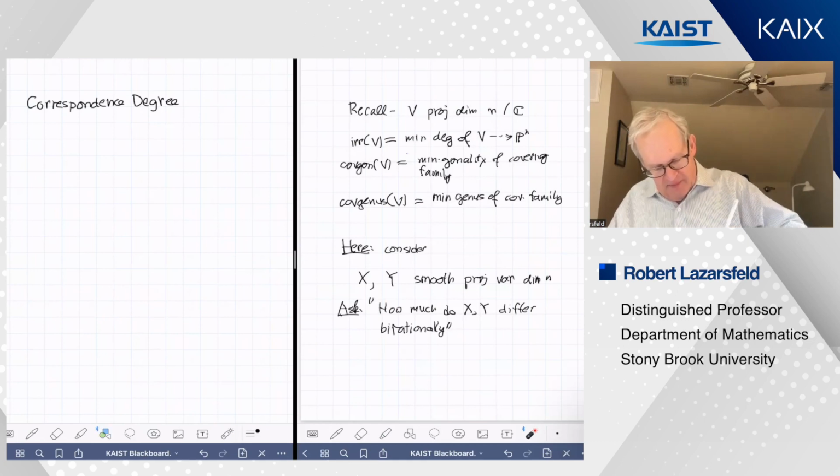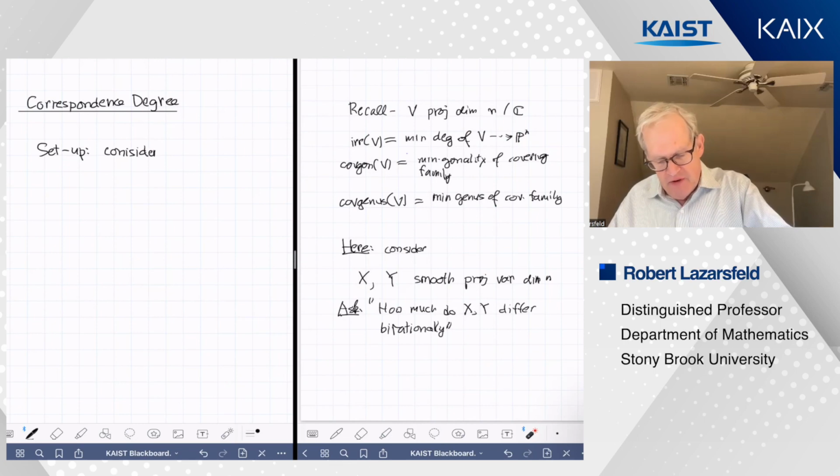Let me first explain the setup, which will be the setup throughout the talk. We'll consider correspondences between X and Y, where X and Y are smooth projective varieties of the same dimension.